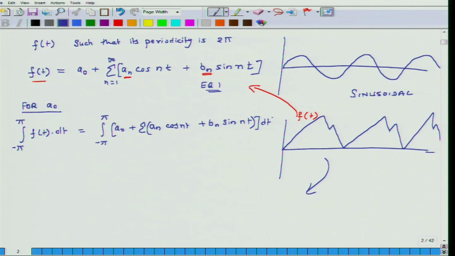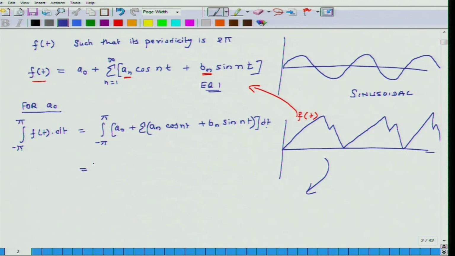So all I am doing is multiplying both sides of this equation by dt and integrating the whole equation in the limits minus pi to pi, which correspond to the period of this repetitive function.